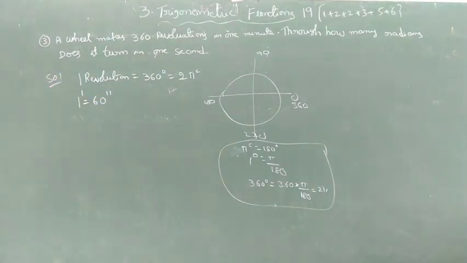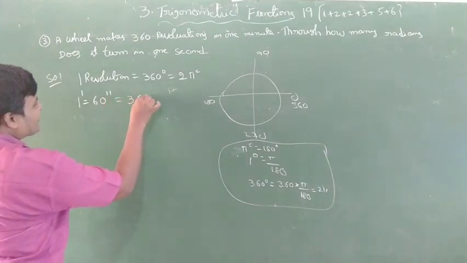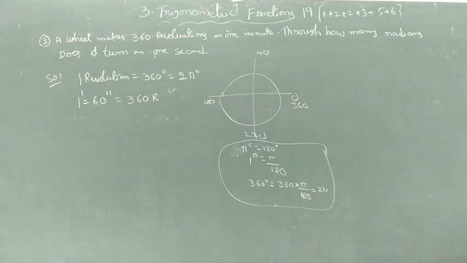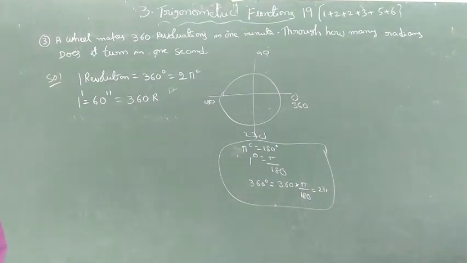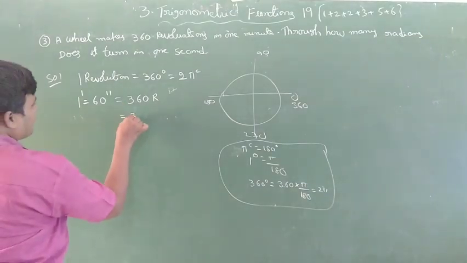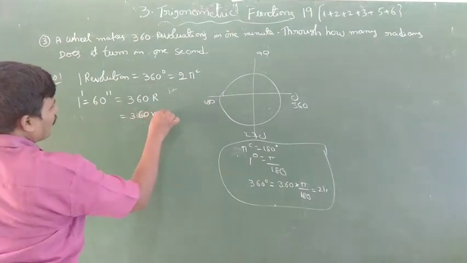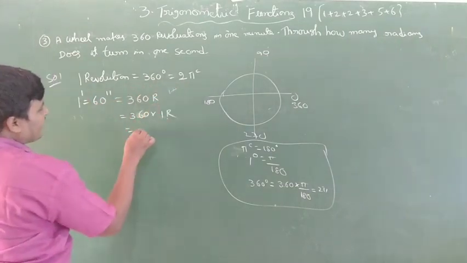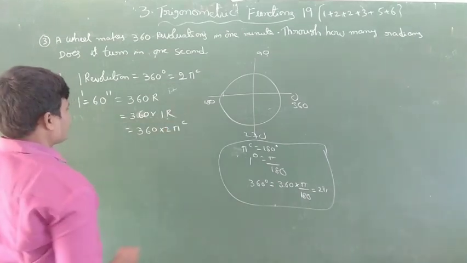In 1 minute, 360 revolutions. 360 revolutions is equal to 360 into 1 revolution, and 1 revolution is 2 pi radians. So 360 into 2 pi radians.